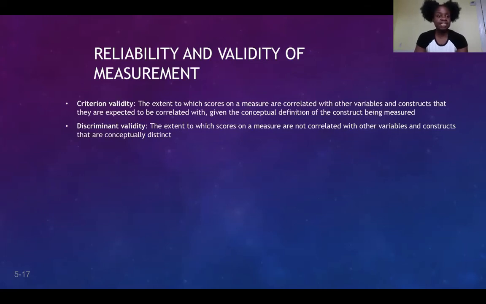And then lastly, discriminant validity is the extent to which scores on a measure are not correlated with measures of variables that are conceptually distinct. So for example, self-esteem is a fairly stable attitude towards the self, while mood is the present feeling.